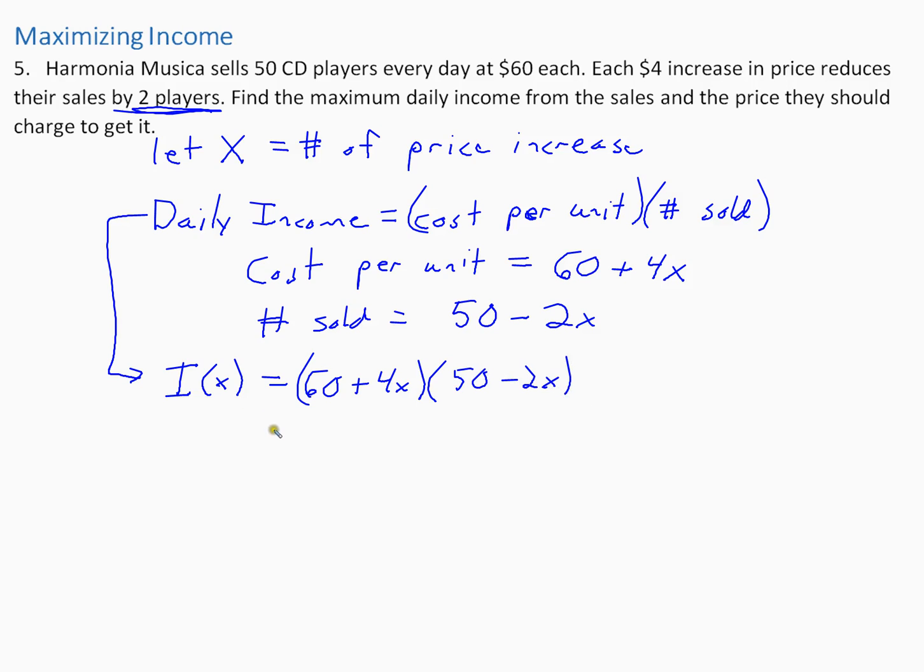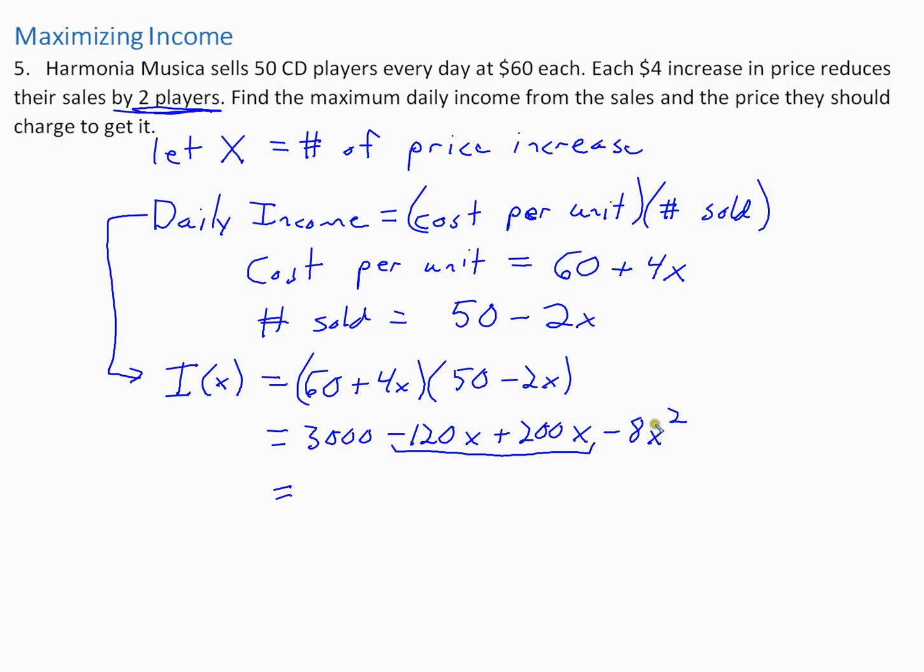And we're going to multiply this out. Multiplying this out, we get 3,000, using the distributive property here, minus 120x plus 200x minus 8x squared. Combining these two, that's going to be a positive 80x.